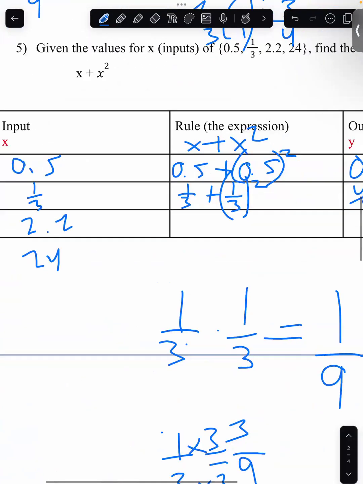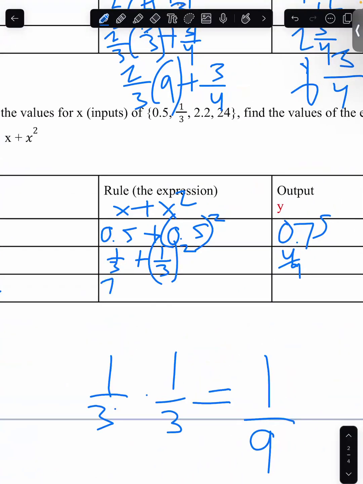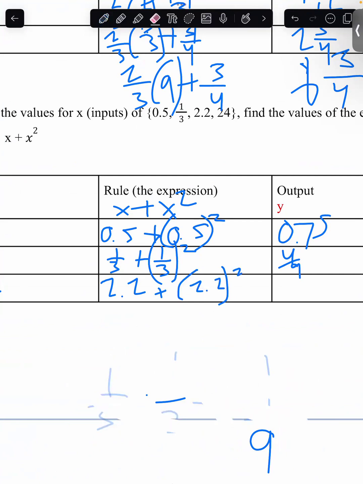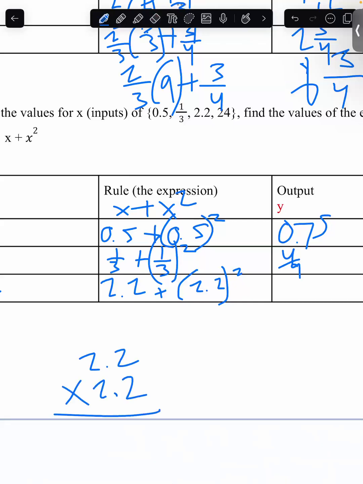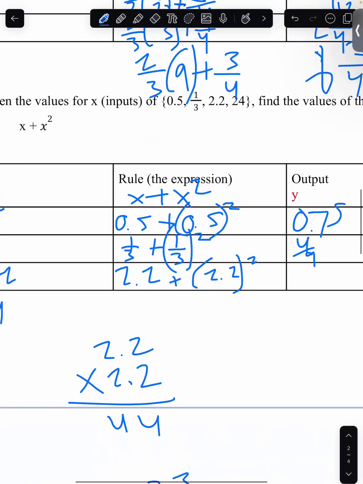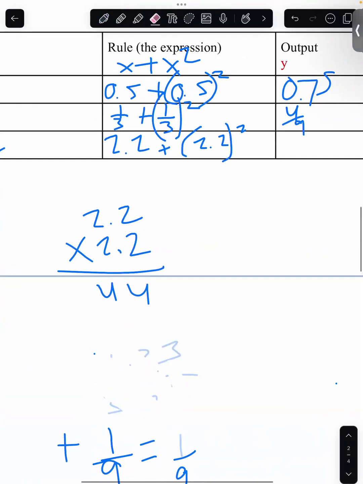Okay, next one, 2.2. So 2.2 plus 2.2 squared. And you're like, no, why did you have to do that? Because I did. So 2.2 squared. Fortunately, this is an easy multiplication one. That's 44. Skip a 0 on the second row, because we're going to the next place.